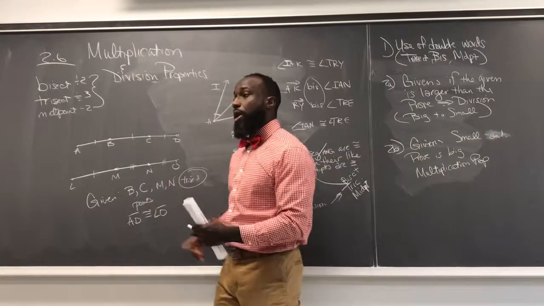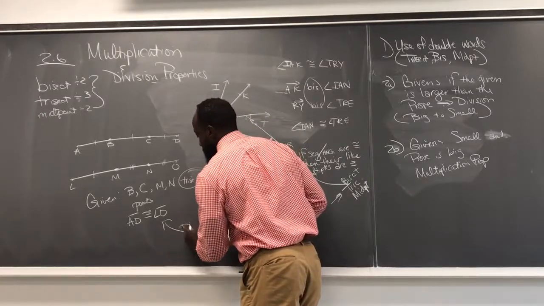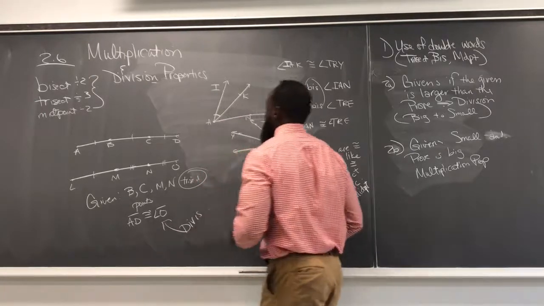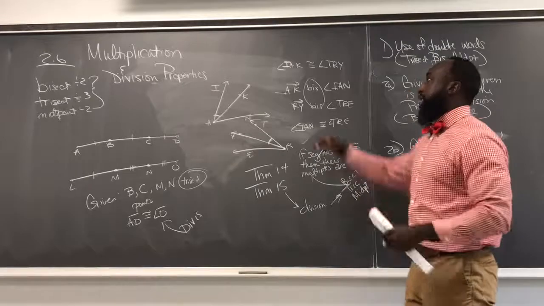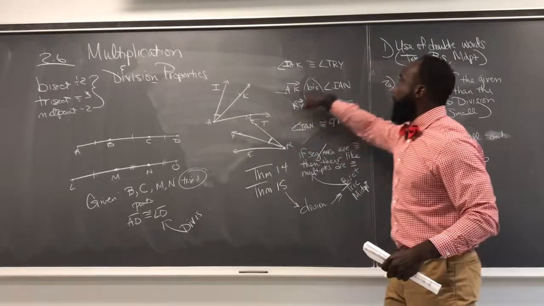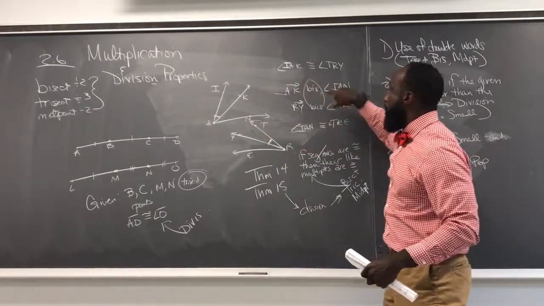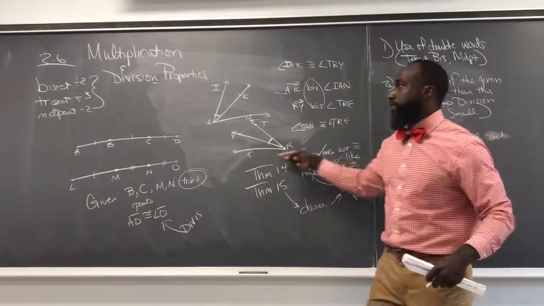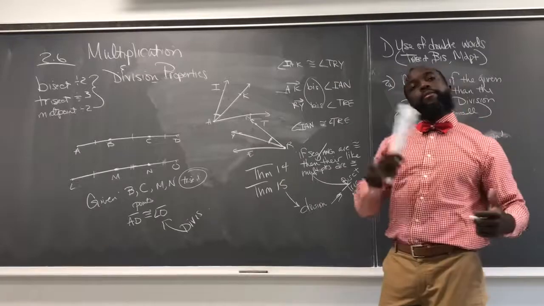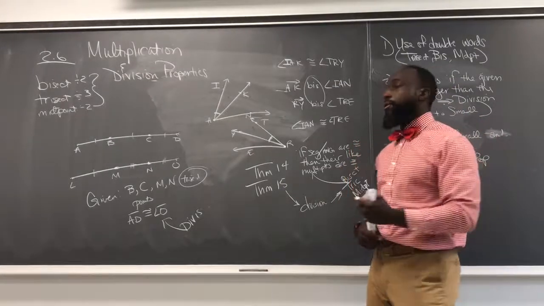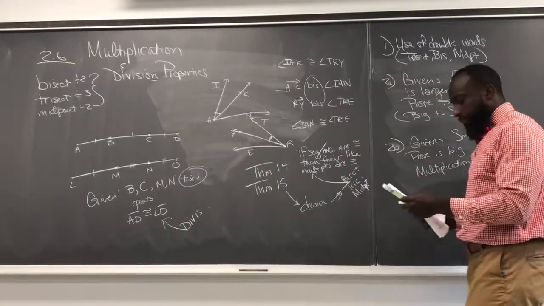So you went from big to small. This would end up in division property, right? Now in this case, this said the small one is congruent to the triangle, right? These are small. You went from small to prove that this is congruent. That would be multiplication, okay?